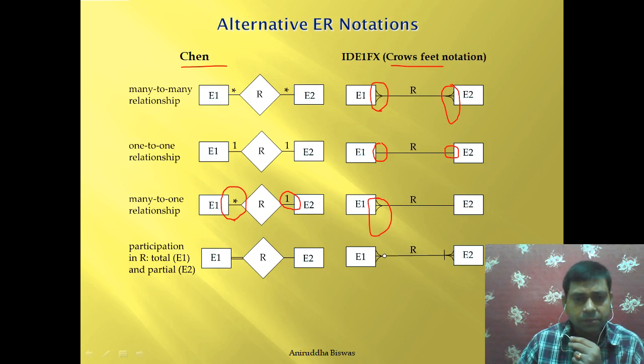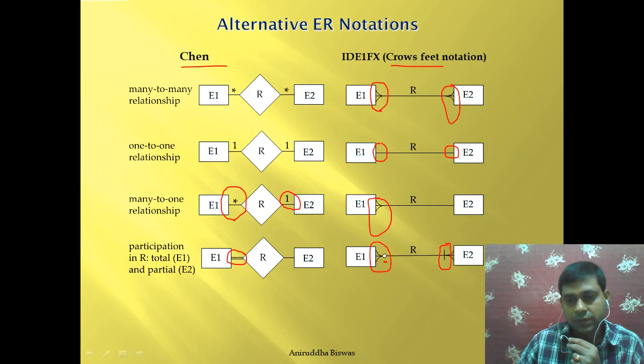Total participation is denoted by double lines in the Chen model, whereas in the crow's feet model, there we put a hollow circle. You can see here a small white circle, and where there is a not total participation, there we block it with this bar.